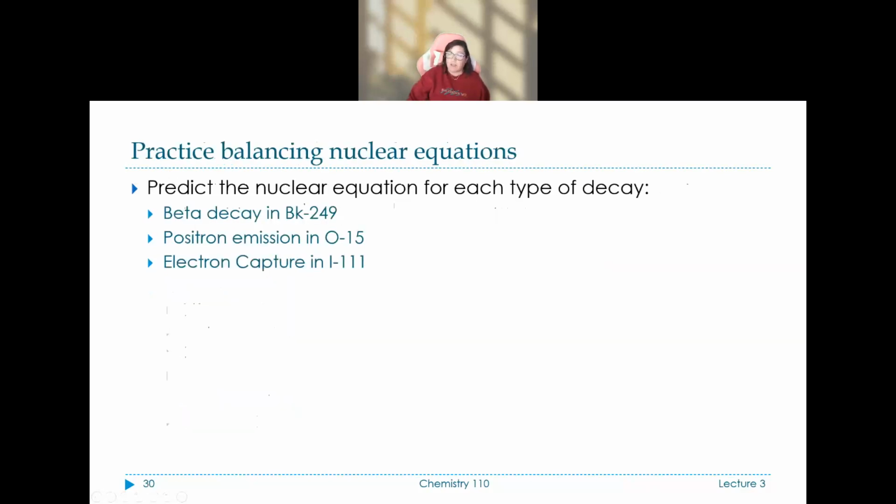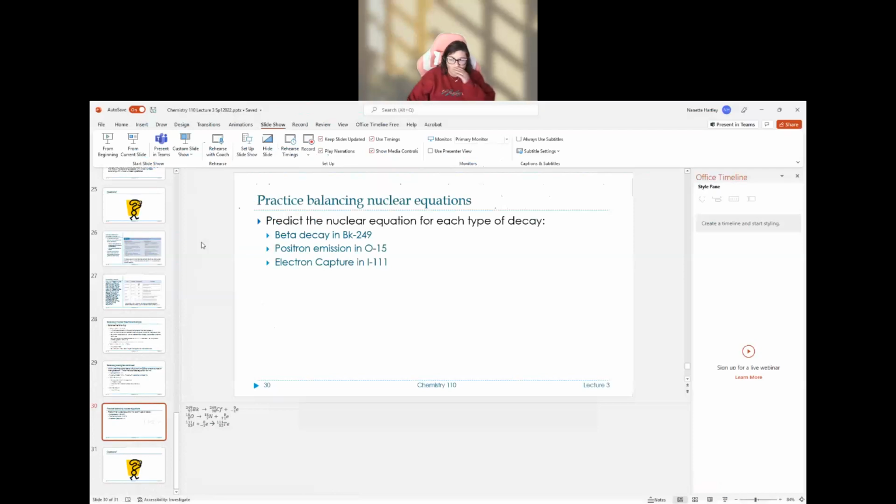Let's practice balancing nuclear equations: beta decay in BK-249, positron emission in O-15, and electron capture in I-111. So 249 on the top, BK is our symbol, 97 is the number for BK. That gives off a beta, which is 0, -1 e. Remember, it's an electron.